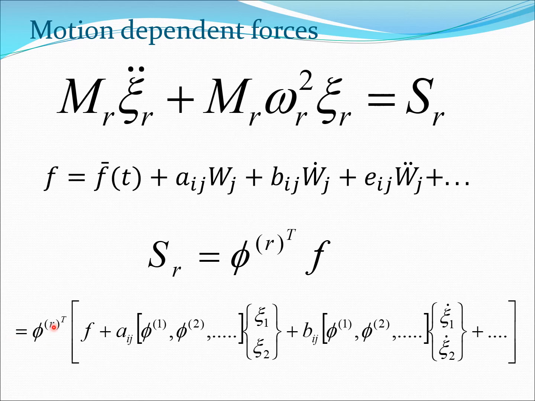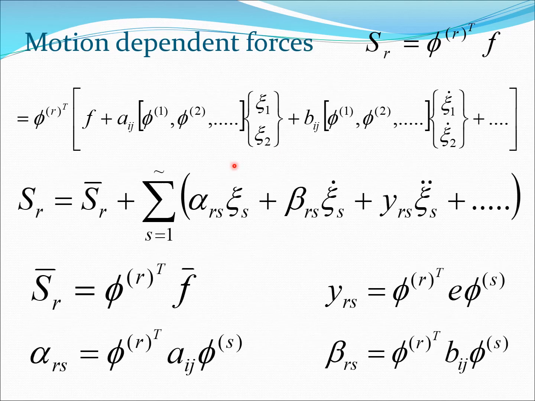So you see here the phi_r(t) term is there, then the first term is there, then you have this term here coming from A, then another term coming from B, there'll be a term coming from E, and so on. There should be F bar here. So we take this here, and then we don't want to write out all this notation each time. So what we are going to do is define new notation. So let's define this S_r bar as phi_r times F bar.